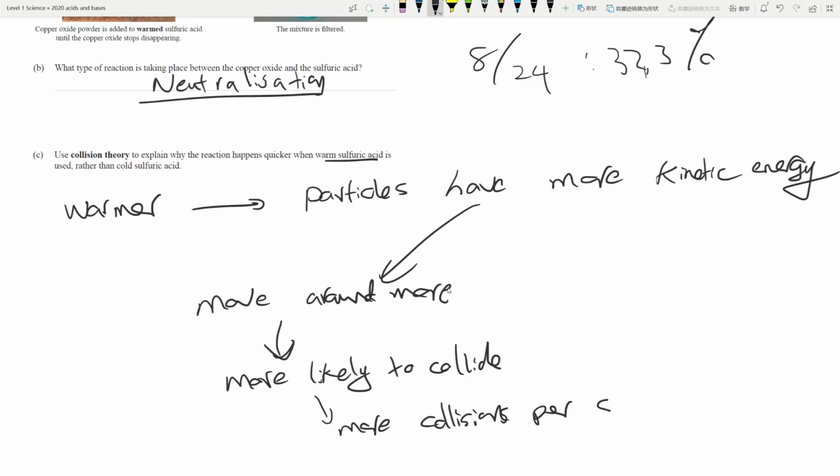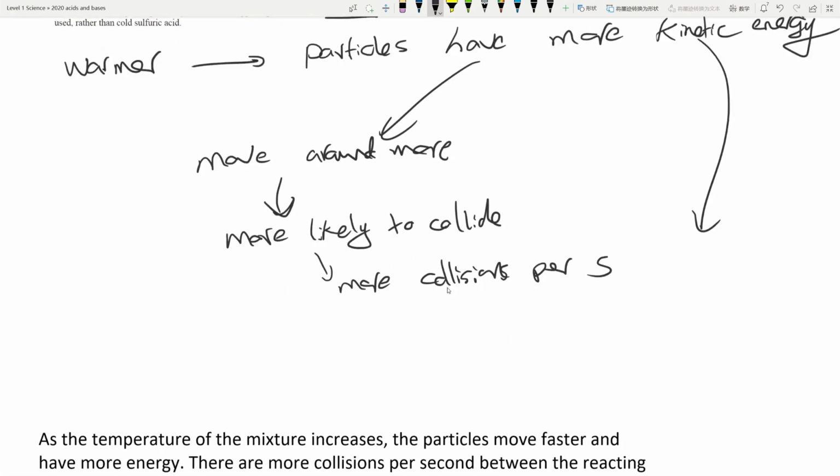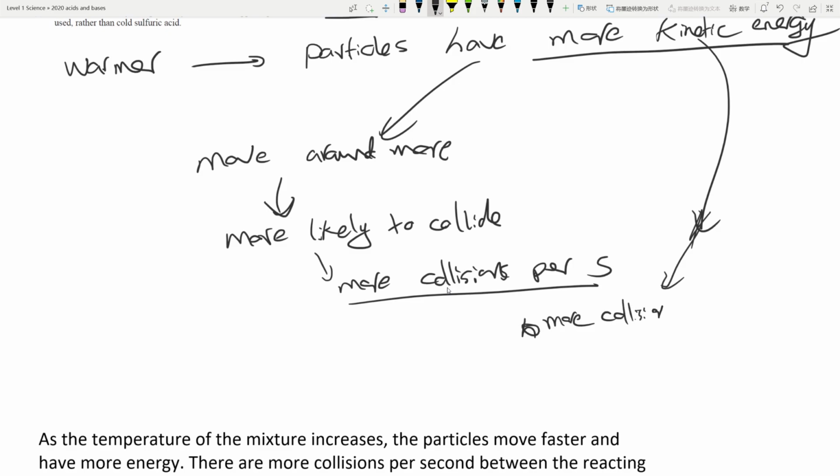Now, because these particles are colliding with more energy, more collisions per second, and because they have more energy, more collisions will occur with a sufficient amount of energy.